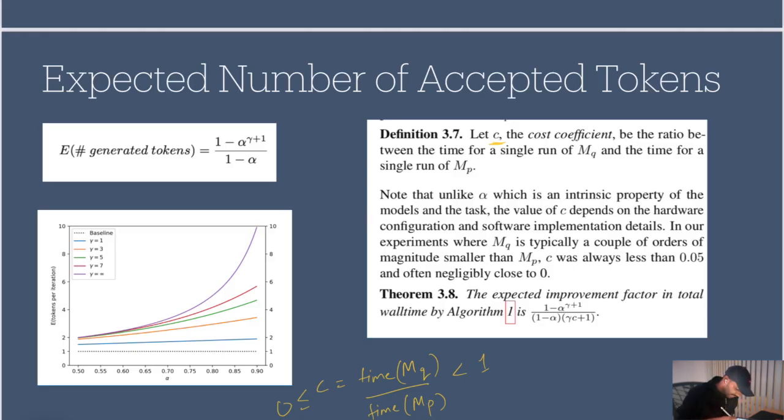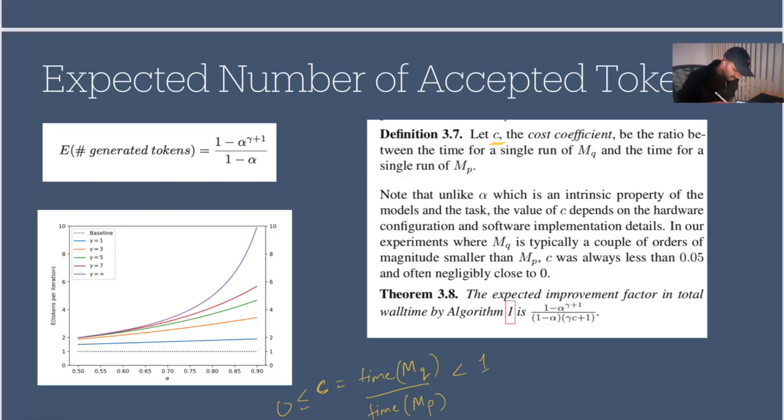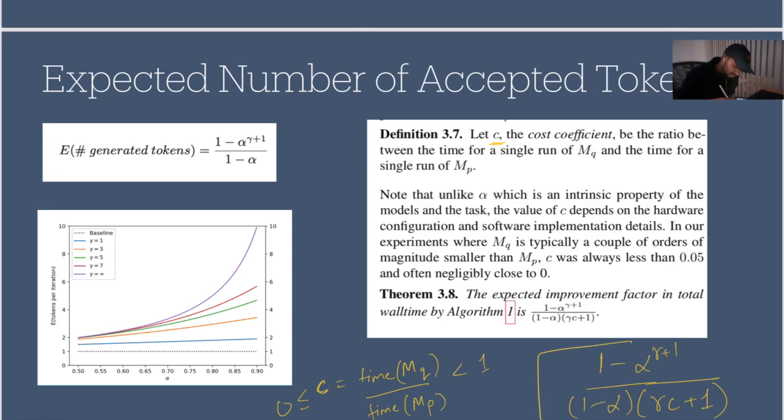So after defining C, we can now look at the total wall time improvement factor, and that is equal to (1 minus alpha power gamma plus 1) by (1 minus alpha) times (gamma C plus 1). Okay, so that is the total wall time improvement factor.